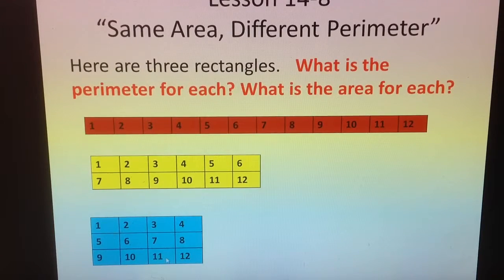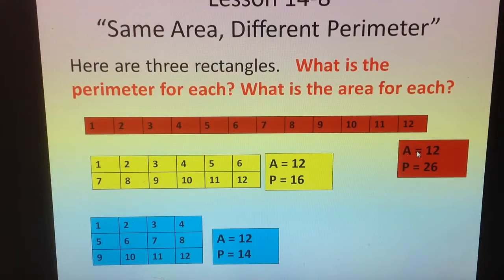It's still the same area, because if you look, all these rectangles have 12 units inside them, but they're different perimeters. Students found that the area was 12 for the red, but the perimeter was 26. That's 12 across the bottom, plus 1, that one makes 13, plus 12 across the bottom there, plus 1 makes 26.